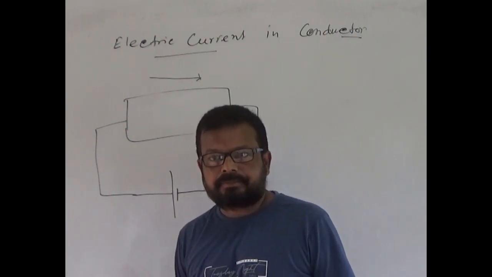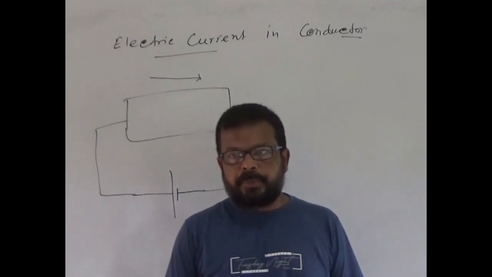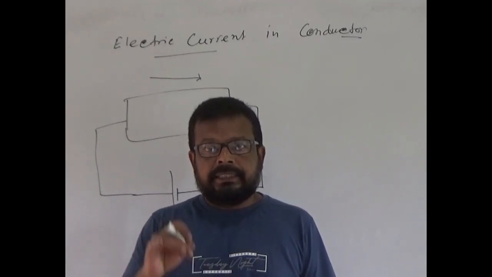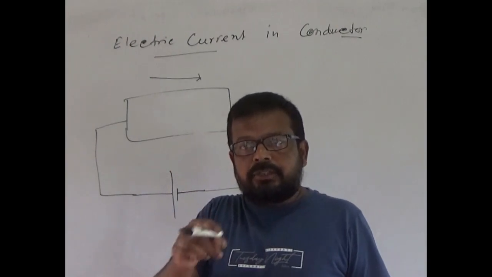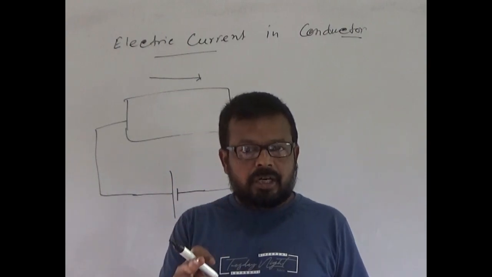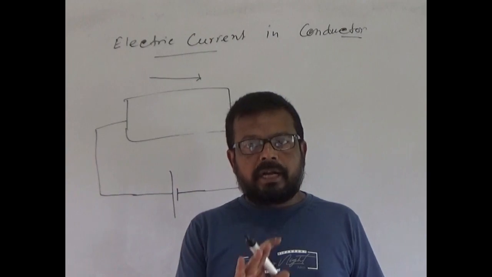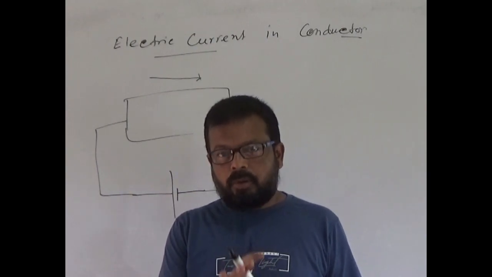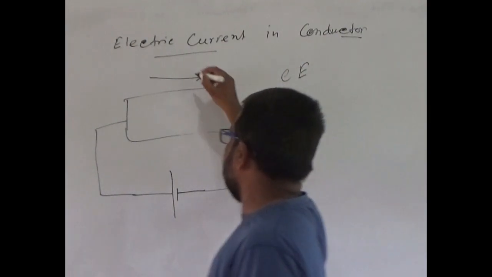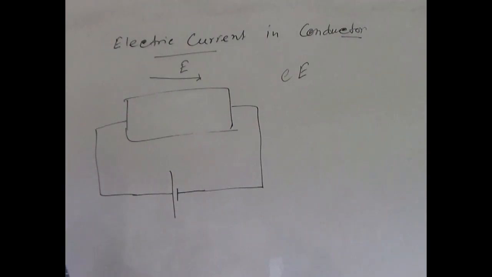Now the free electrons experience a force in a direction opposite to the applied electric field. Since the electron possesses negative charge, the force on an electron will be equal to eE, if E is the external electric field.